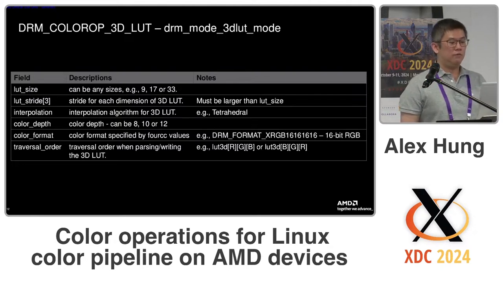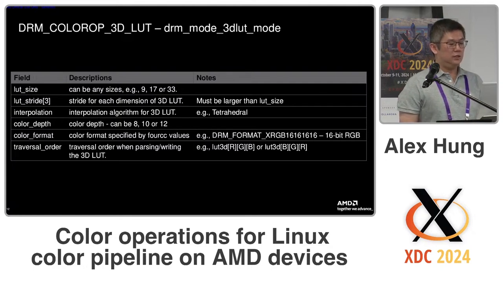The reason to have this stride is that it can extend the length of the table, so it's mainly used for the purpose of memory alignment. The third one will be the interpolation algorithm for the 3D LUT, and what we are using is the tetrahedron. And the color depths can be 8, 10, and 12.